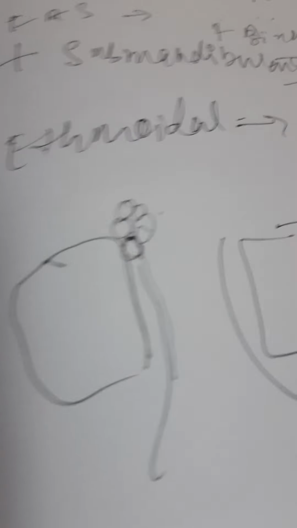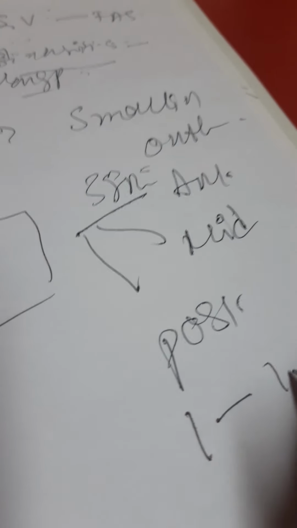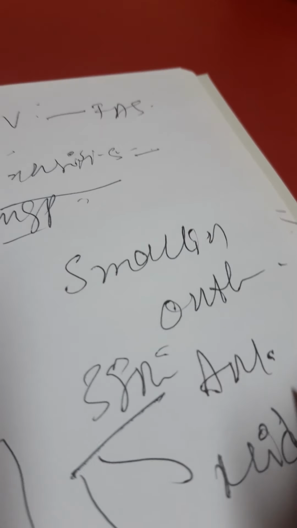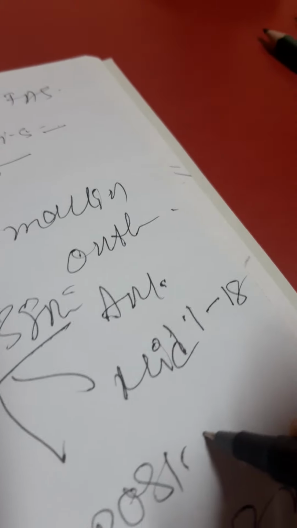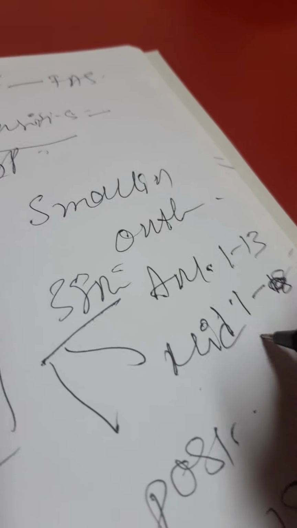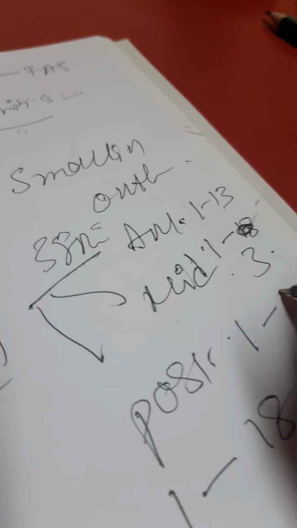These can be classified into three groups: anterior, middle, and posterior. Usually they are 1 to 18 in number. The anterior will be 1 to 13, the middle will be few in number, 1 to 3, and the posterior will be 1 to 11.